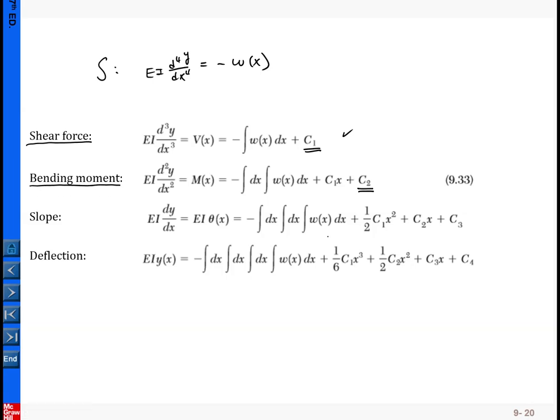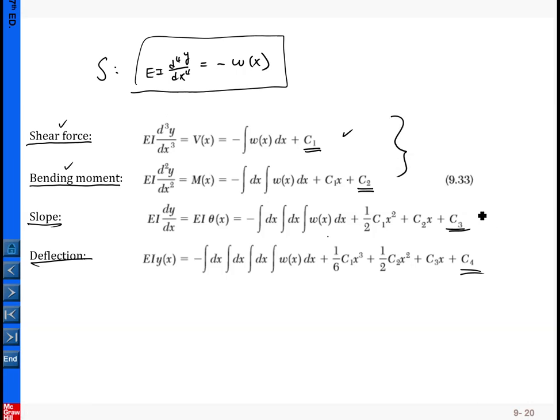So that is the reason why, when we are dealing with this kind of equation, we come up with 2 additional integration constants, and for those 2 constants you must look into the boundary conditions regarding the shear force or bending moment. Then C3 is the constant regarding geometry, which means the slope, and C4 is the deflection. So basically here we classify 2 types of boundary conditions.